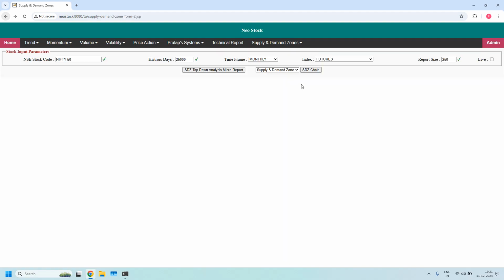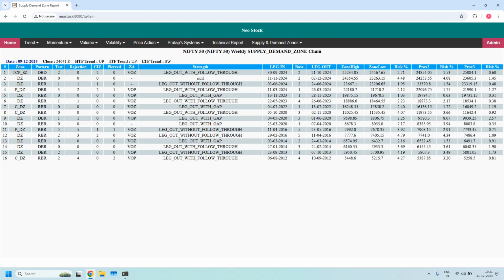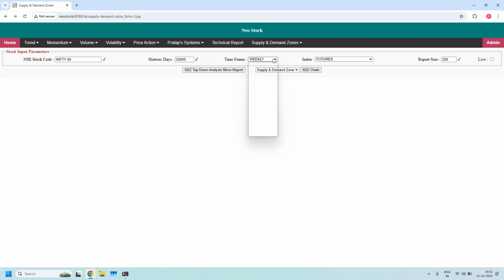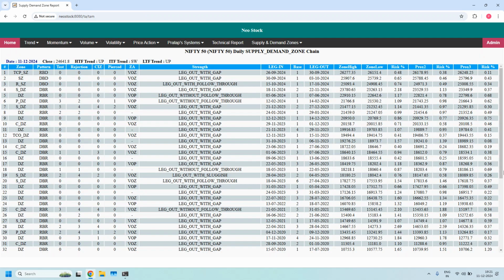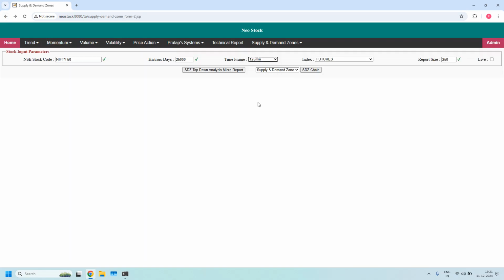Okay, next, generating weekly supply demand zone chain for NIFTY. Next, daily supply demand zone chain for NIFTY. Next, 125 minutes supply demand zone chain for NIFTY.